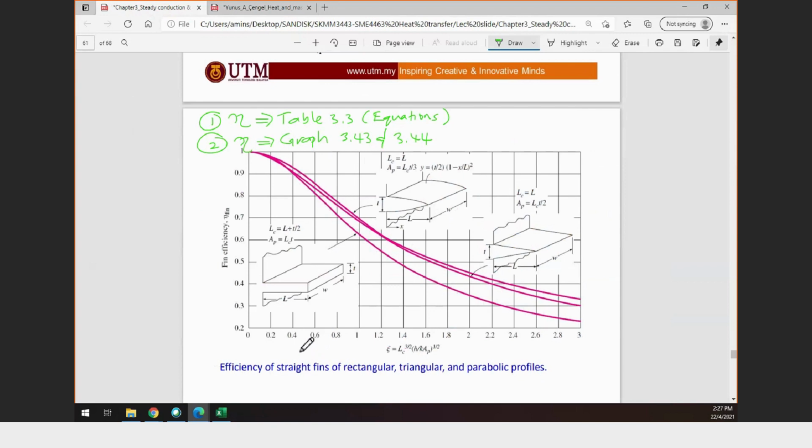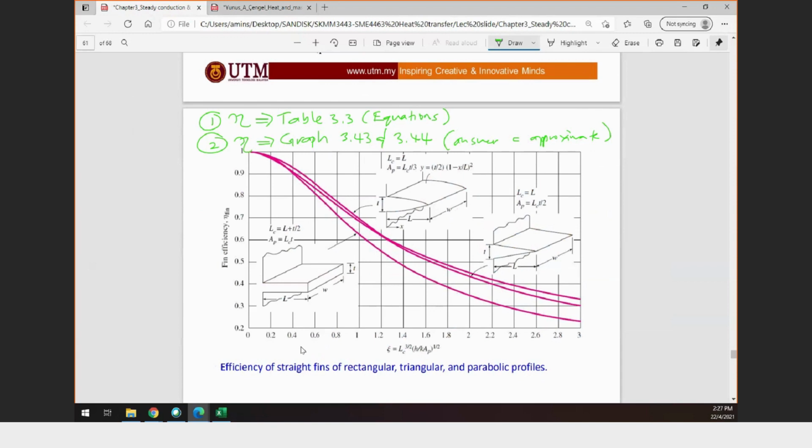But the reason I don't like the calculation using a graph is because the value is approximate. You do not get the accurate value compared to using the equation. So how do you calculate the efficiency using the graph?